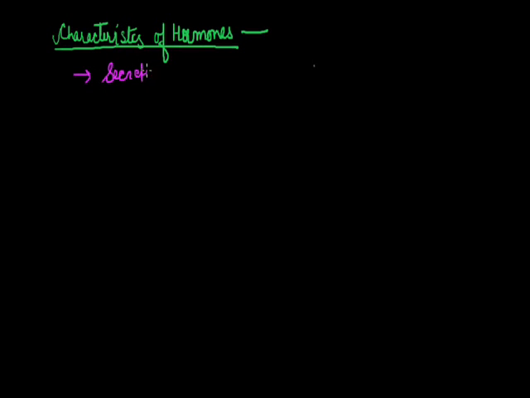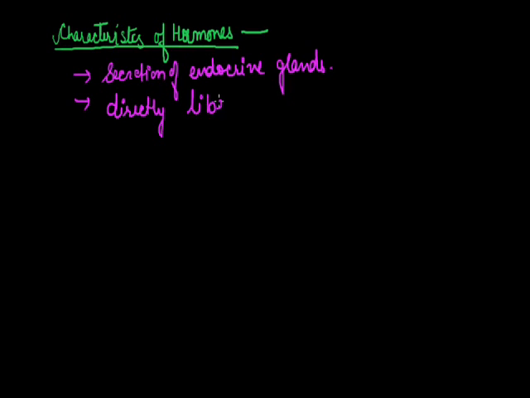Now, various characteristic features of hormones. First, as I told you, these are the secretion of endocrine glands. Next, they are directly liberated out in the blood. They are specific in function.